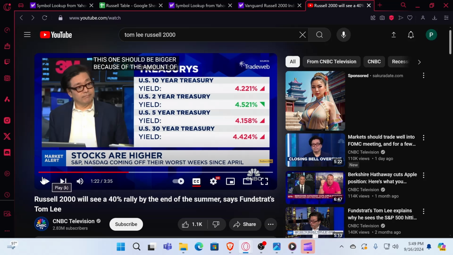He thinks the index itself is oversold. And according to Tom Lee, this environment could cause a rally in small cap stocks, which are very well represented in the Russell 2000 index. So Lee's optimism highlights the growth potential for the small cap space, particularly if we see some relief from interest rates.